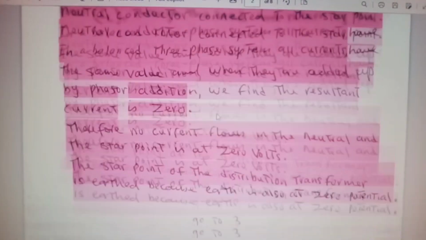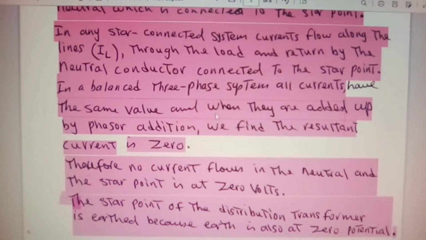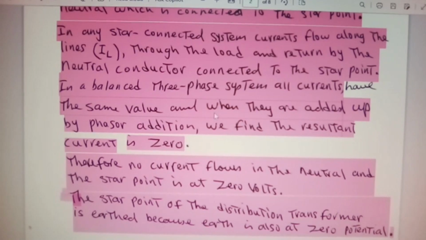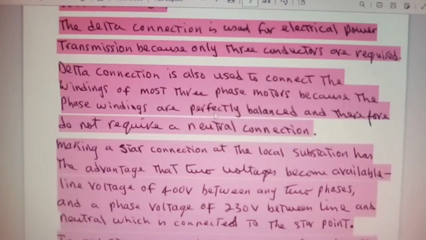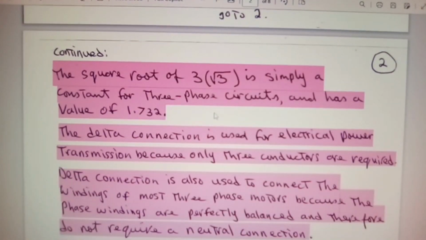I'm just recapping here, making sure that it's all in line, and it can be seen by everyone. I will pan out in a moment.